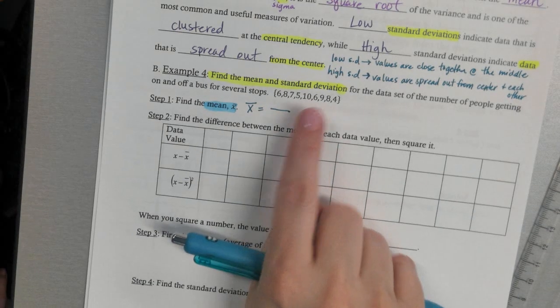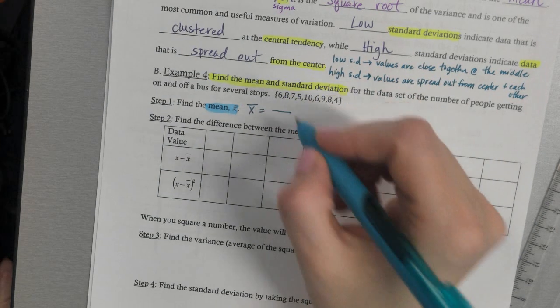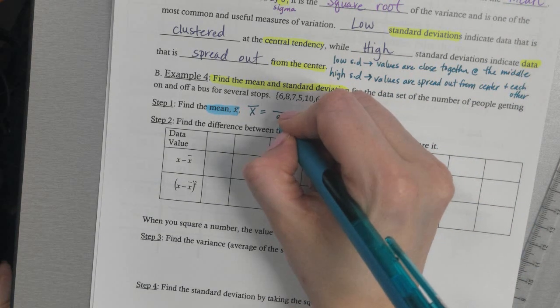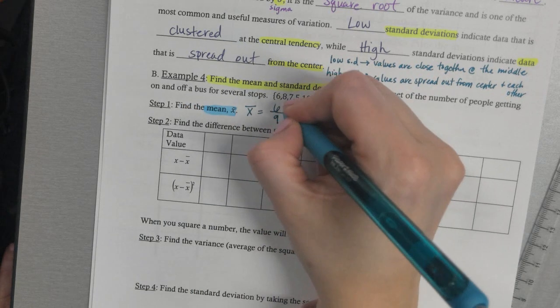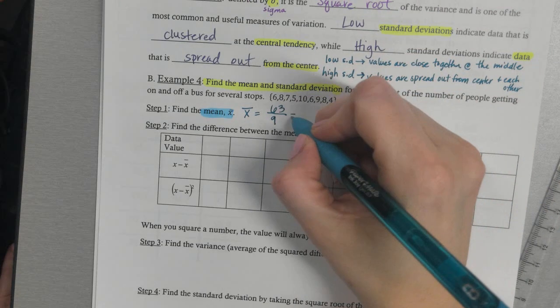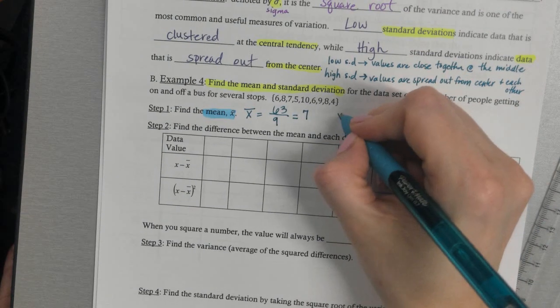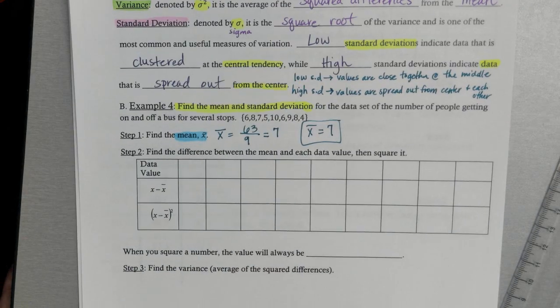Okay, so we're going to add those together. What was the sum? 63. And then there were 9 total values. This one just happens to turn out nicely. It is exactly 7, so the mean is 7.